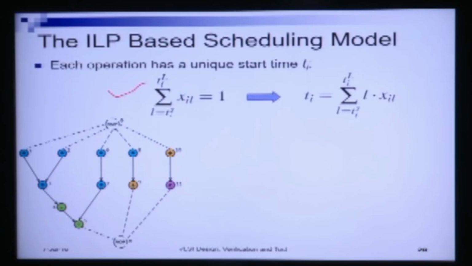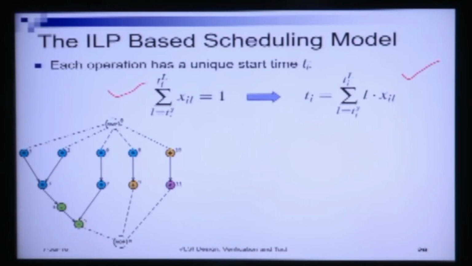Now, given these ASAP and ALAP times, what will be the start time of that operation? The start time of that operation can easily be denoted as shown on the right of this slide: T_i equals summation over l equals T_iS to T_iL of l times x_il. So, for example, let us say that I have an operation that has actually started in time step 3.